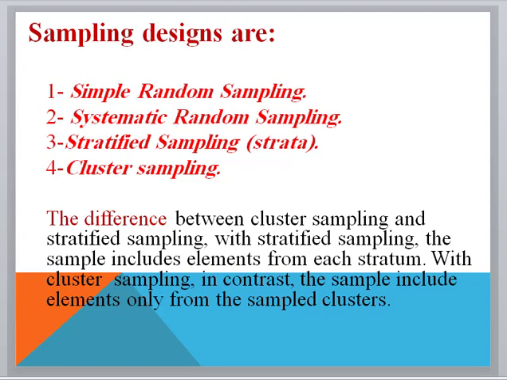Example, if we have a national survey, we divide the population into groups or strata based on geography: north, south, east, and west. Then within each stratum, we might randomly select the regions to be surveyed.